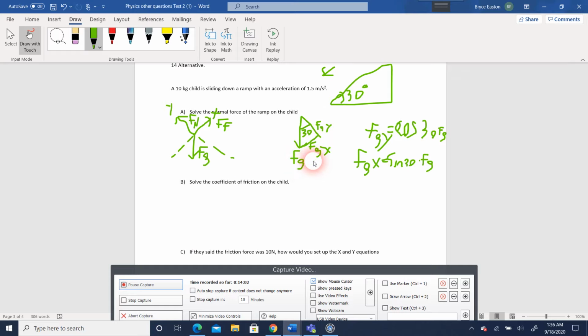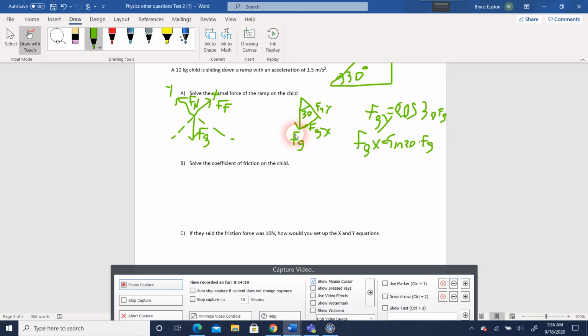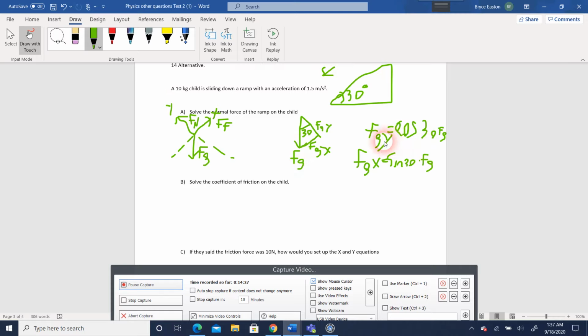One way to check if you also did this right is that when you are done, your Fgx and your Fgy should both be less than your original Fg. If either of those two are bigger, the legs of a triangle should not be bigger than the hypotenuse. But anyway, I'm going to skip. This one is pretty basic algebra.